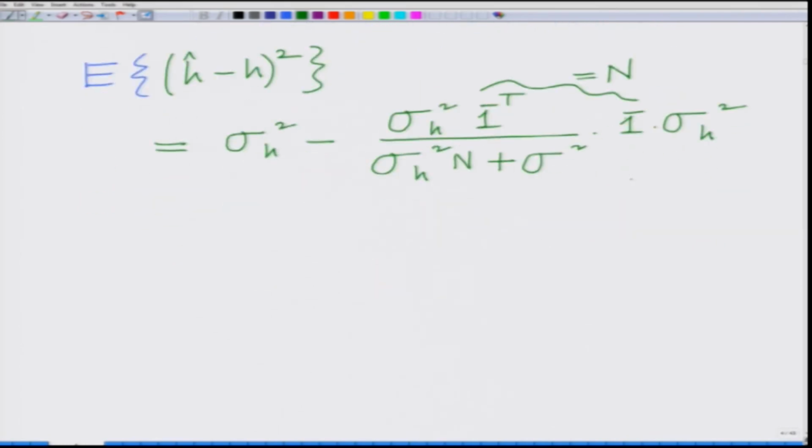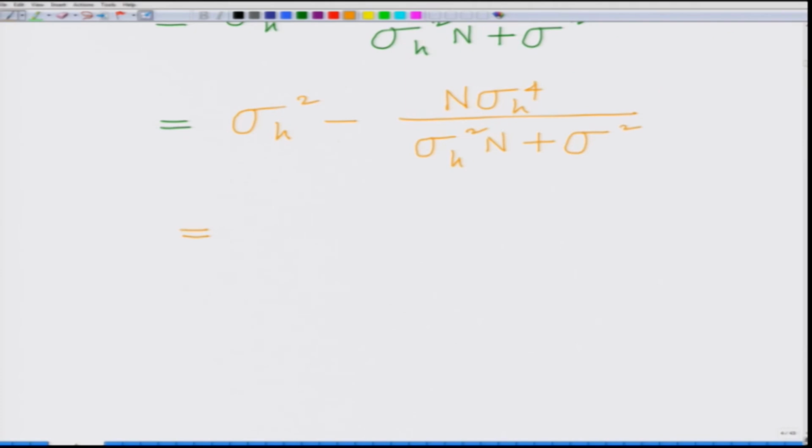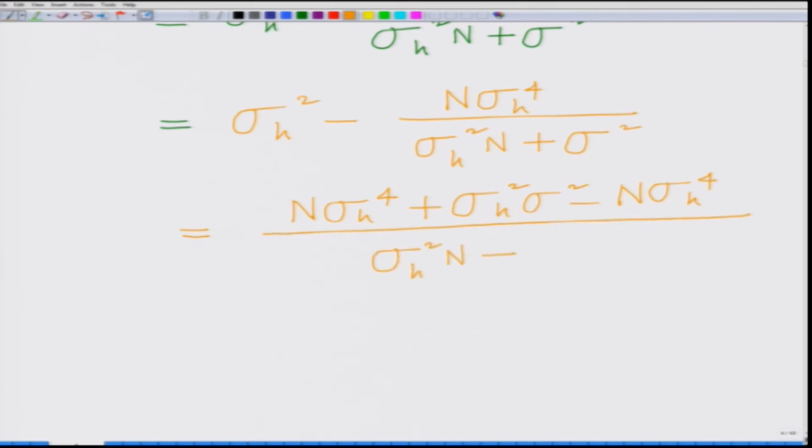Okay. So, now therefore, what I am going to have is finally sigma h square minus n into sigma h raised to the power of 4 divided by sigma h square n plus sigma square, and this is further equal to, now look at this, sigma h square into sigma h square n plus sigma square, minus n sigma h raised to the power of 4, divided by sigma h square n plus sigma square.